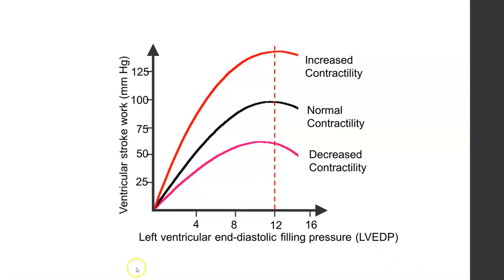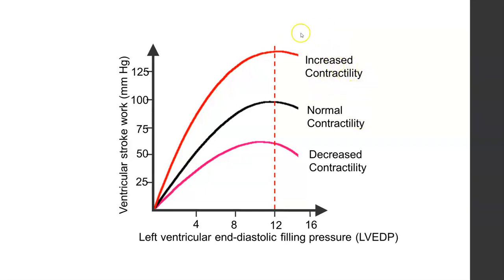So we can see on this chart we have the ventricular stroke volume on the side, and then our LVEDP, or our left ventricular end diastolic filling pressure. So that's preload and afterload. When we see an increase in cardiac contractility, we see that LVEDP is at 12, but then the stroke work is at 125 or greater.